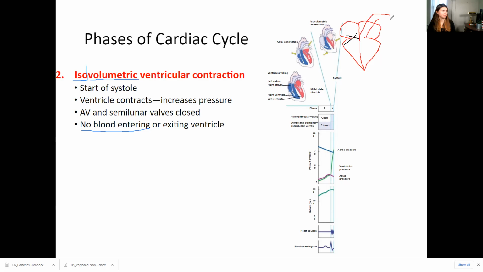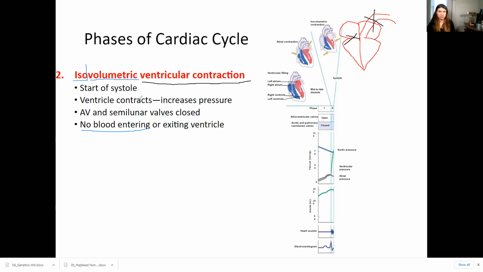And then we have our closed valves in our arteries. So we have the same amount of blood staying in those locations, but we do have ventricular contraction. Our ventricles are squeezing, those muscle fibers are contracting.